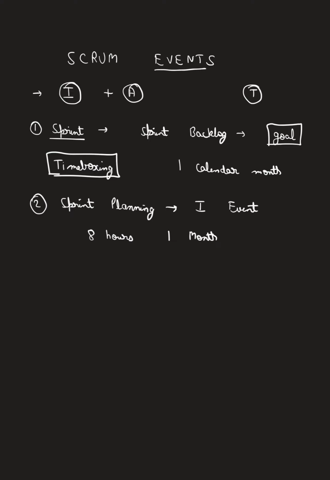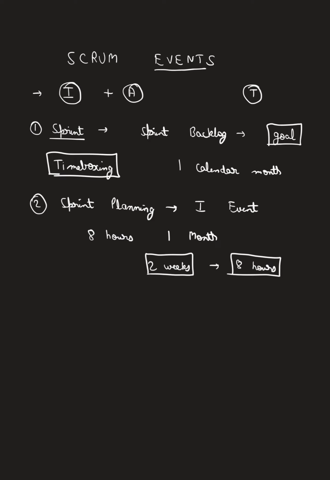It could be less does not mean that it is mandatory. There is a possibility that your sprint is 2 weeks, but your team has decided to keep 8 hours of sprint planning. This is a possibility.